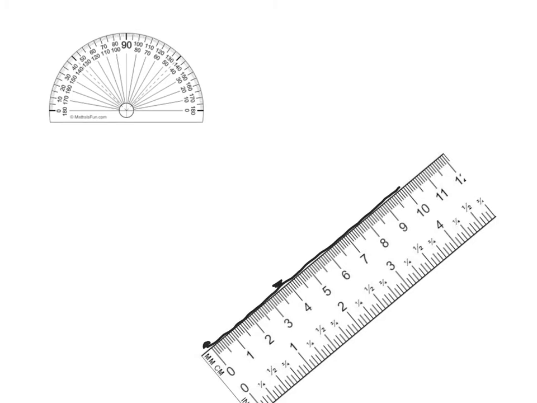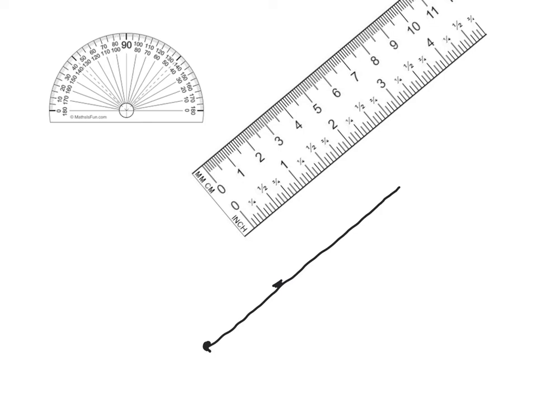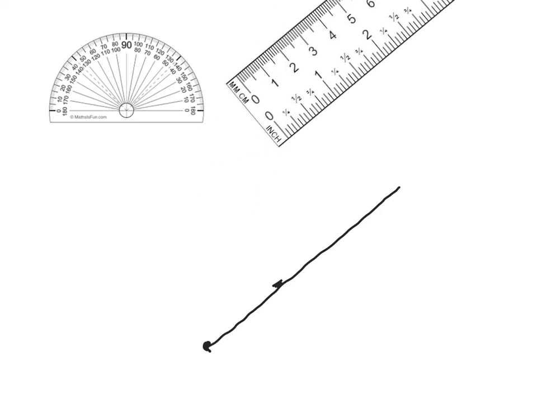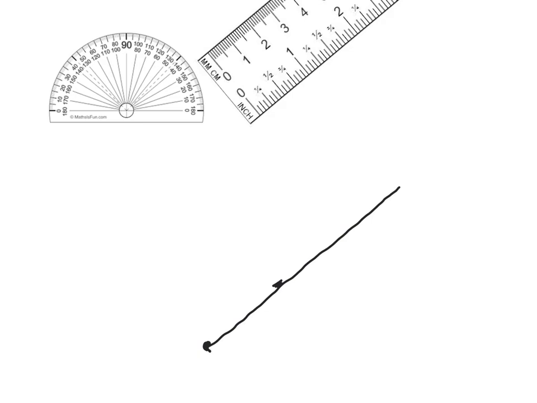Okay. Then get the ruler out of there. And then I need my protractor. So that's vector 1. I get the length and the magnitude correct. I'll put an arrowhead on it.